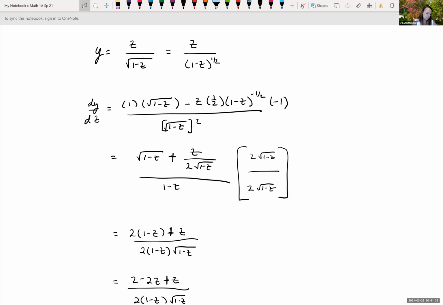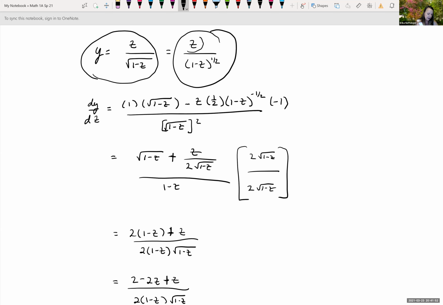Okay, so this is what we were looking at, y equals z over the square root of 1 minus z. First thing I did was I rewrote it without the radical, and I put z all over 1 minus z to the 1/2 power. So we need to, in this form, use the quotient rule. And so the derivative of our numerator z was 1, times our denominator, which was the square root of 1 minus z, minus the numerator z times the derivative of the denominator.